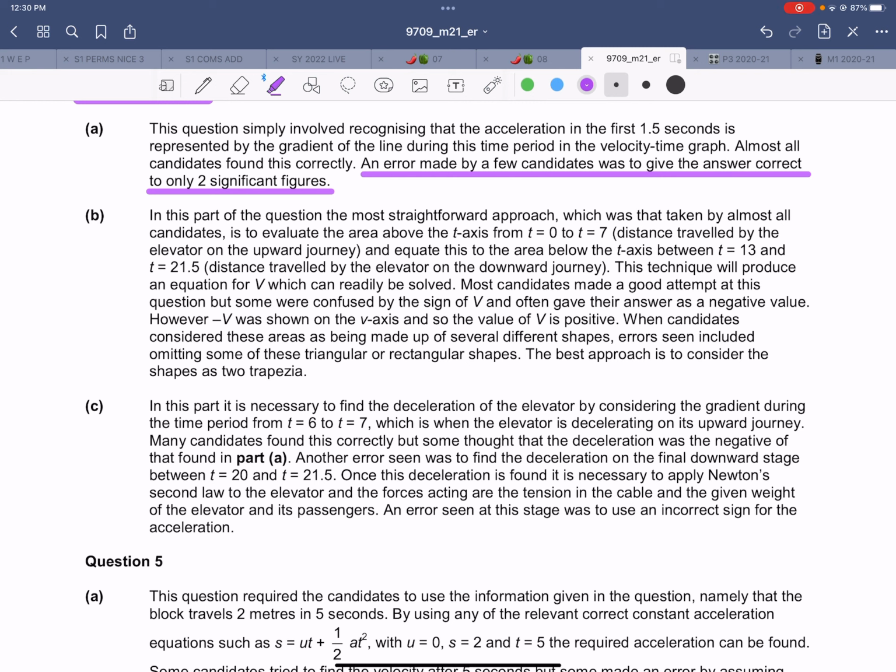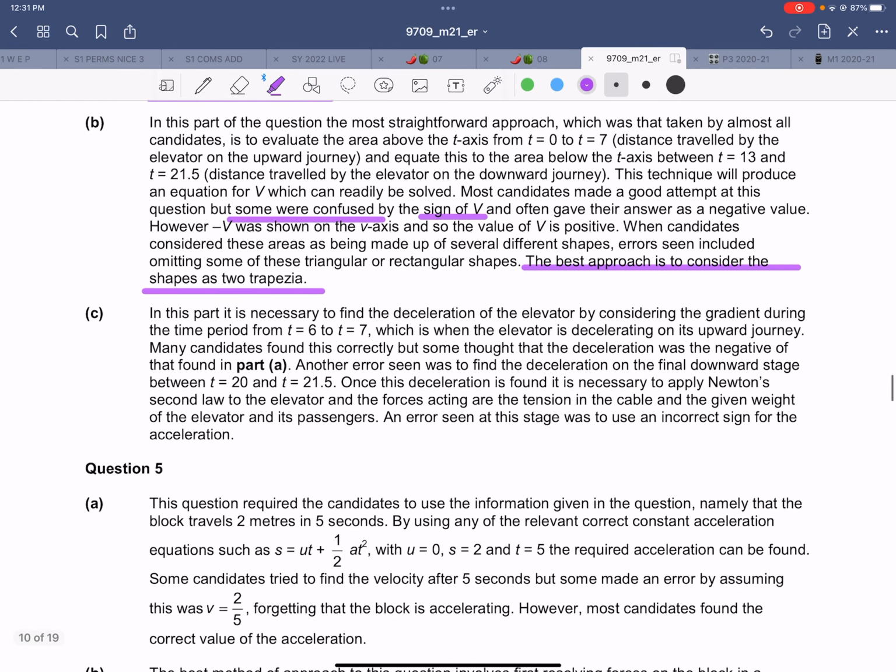Most candidates made a good attempt at this question, but some were confused by the sign of V and often gave the answer as a negative value. Value of V was positive. When candidates considered these areas as made up of several different shapes, errors seen included omitting some of these triangular or rectangular shapes. The best approach is to consider the shape as two trapezia.